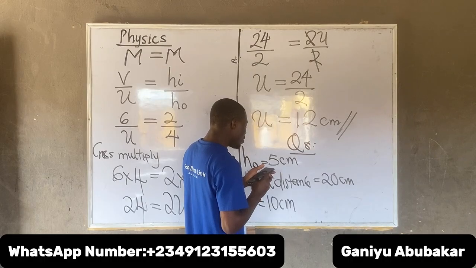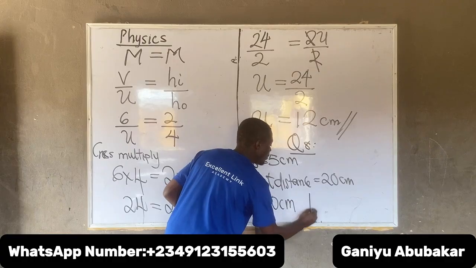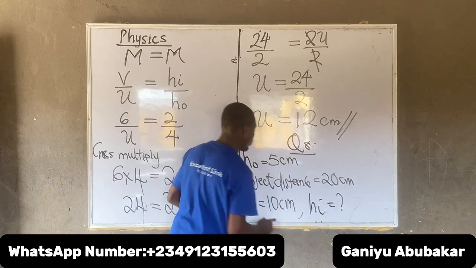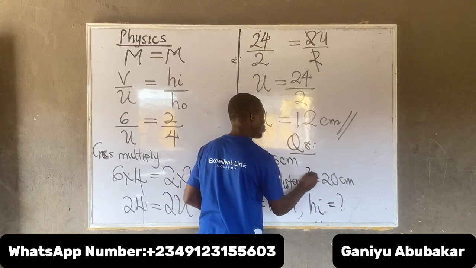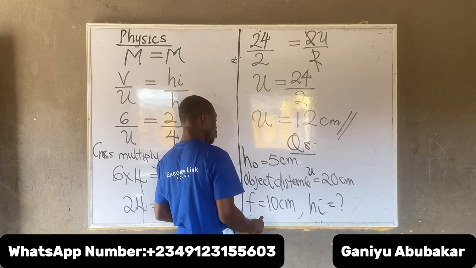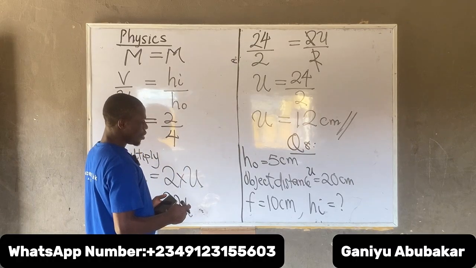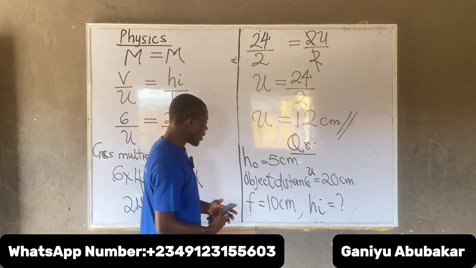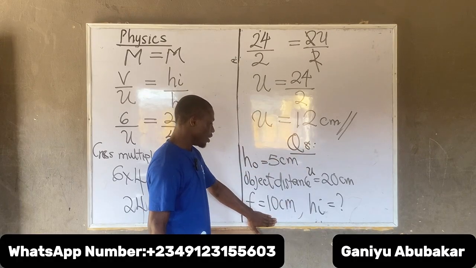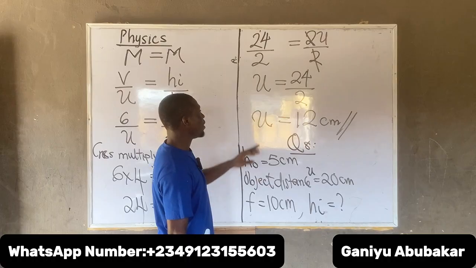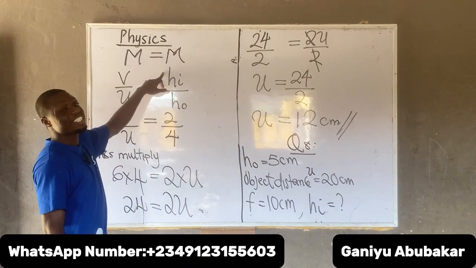The image height is what? We are asked to find the image height. So I am still going to bring up the idea. Object distance, that's U. So let's say we can work with this, please. I have HI and U, but there is no V here. If there was a V here, I'd bring up the formula back: V over U equal to HI over HO.